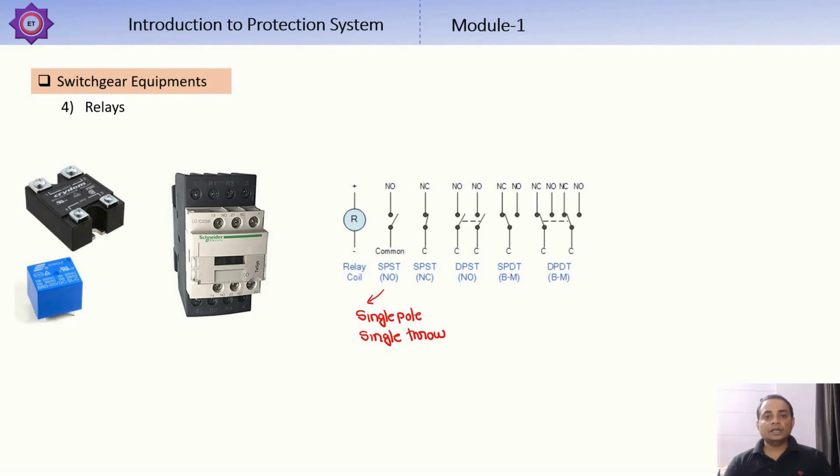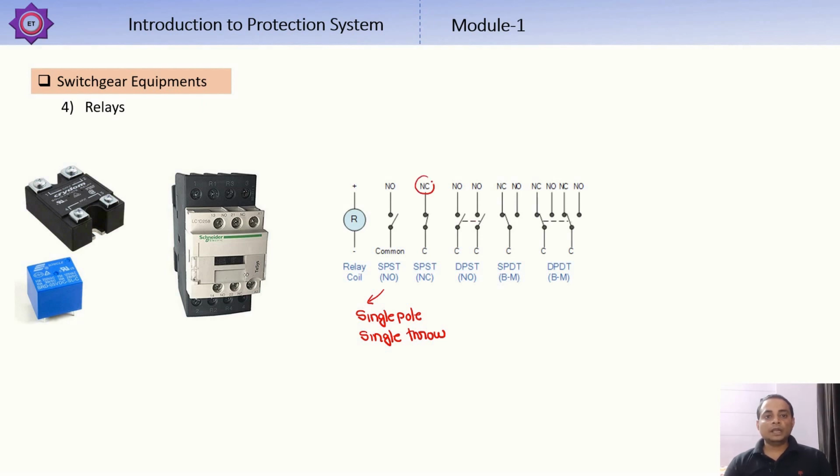That means relay has only one moving contact and can connect with only one point. Next one is DPST, stands for double pole single throw. That means relay has two moving contacts and each moving contact has only one contact.